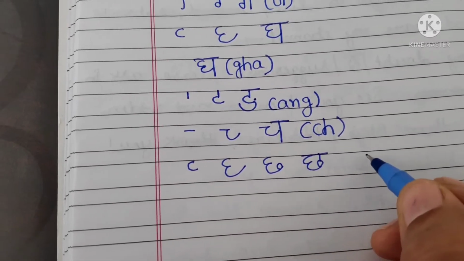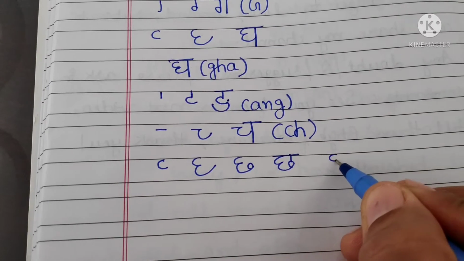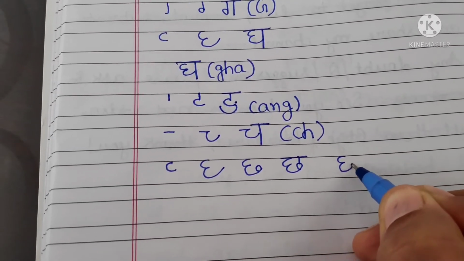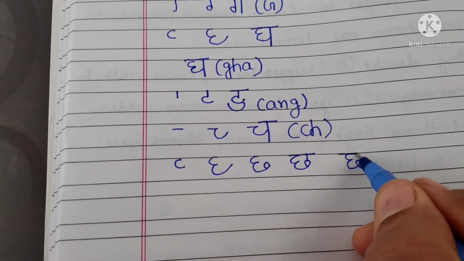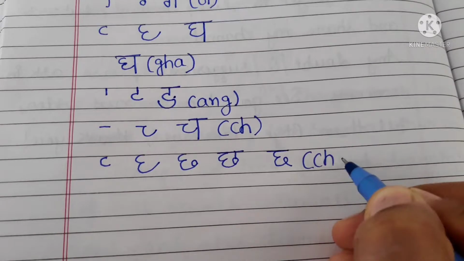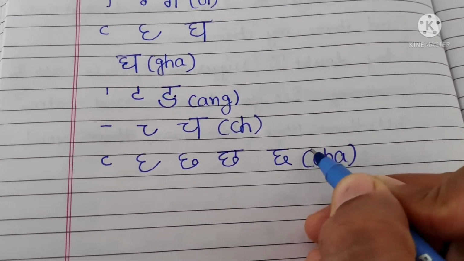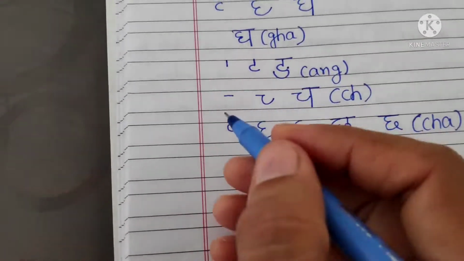This is our ch. One more way you can write, I will tell you again. See carefully. After doing this, we simply can do this is also we can write ch. So this is our ch. Ch alphabet in Hindi. Next alphabet comes j.